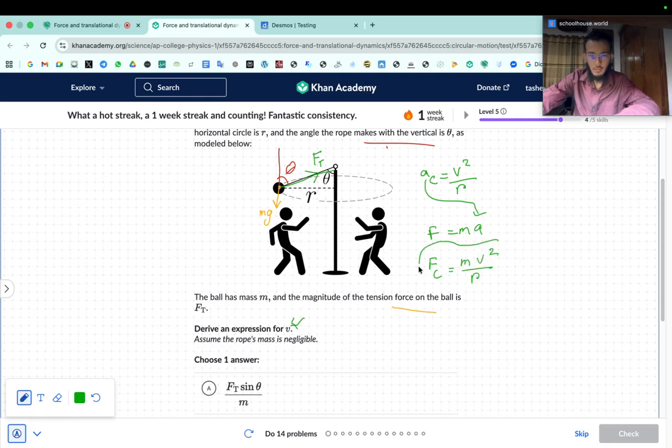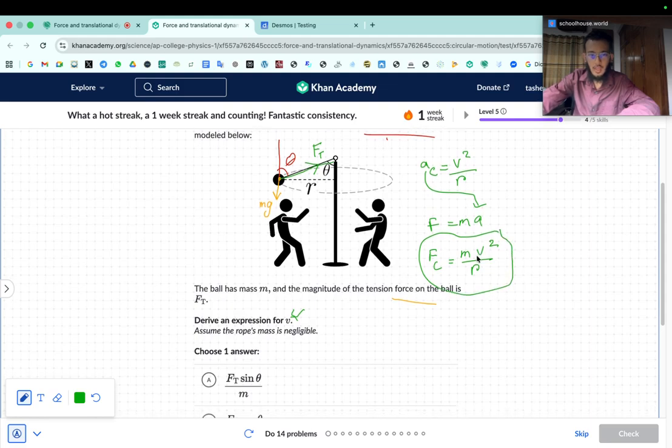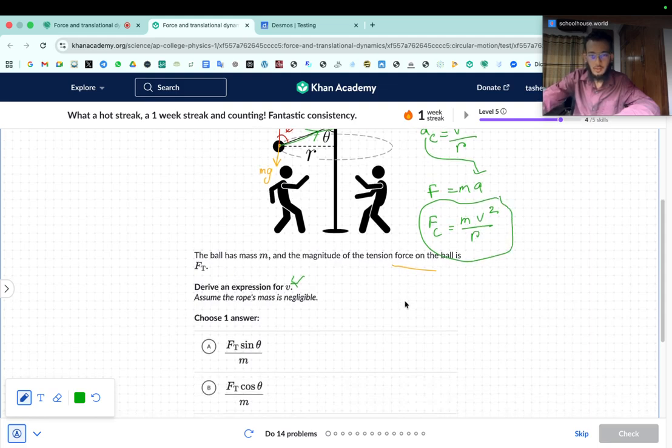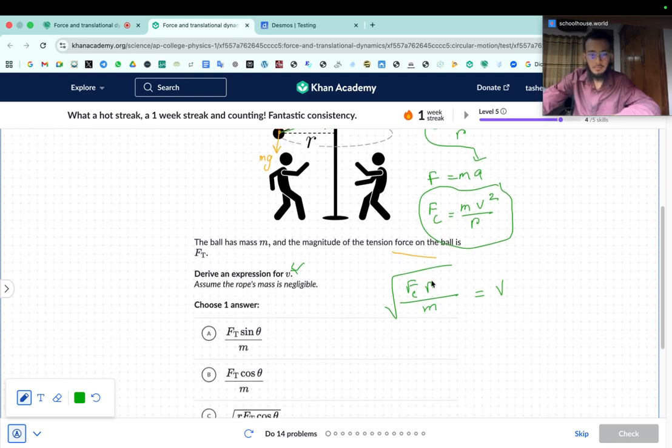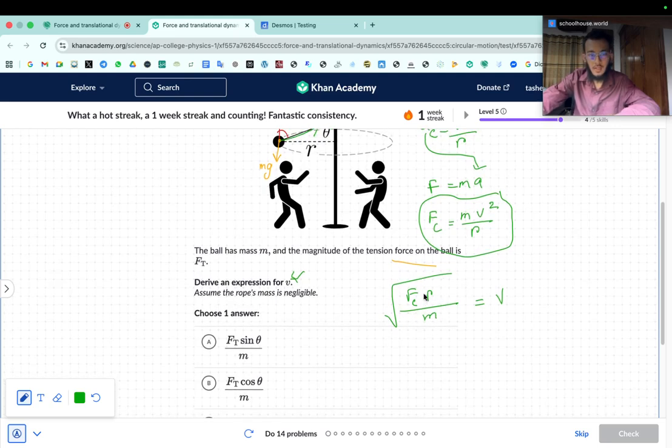We can work from here to make v the subject, and we get v equals the square root of Fc times r over m. Multiplying both sides by r cancels this, so we have r here, dividing both sides by m cancels this, so we have m here, and then the square root gives us v.